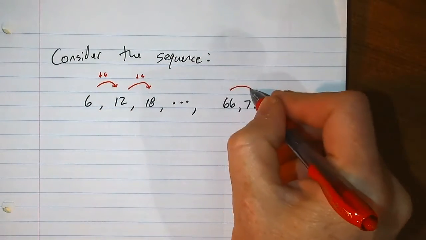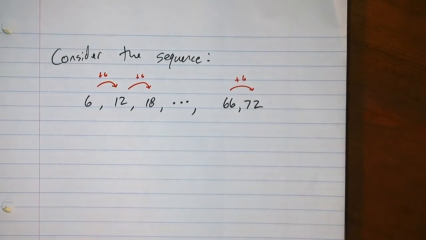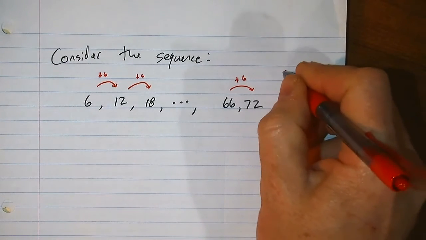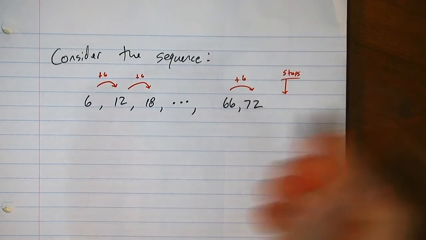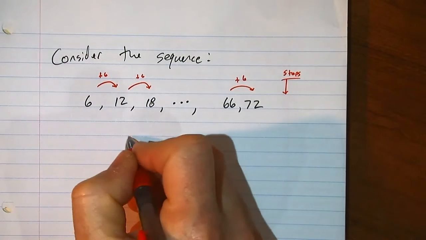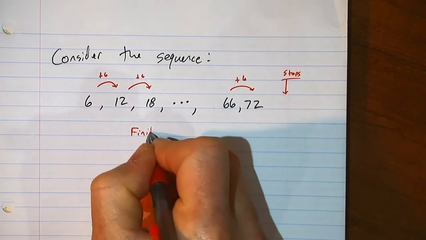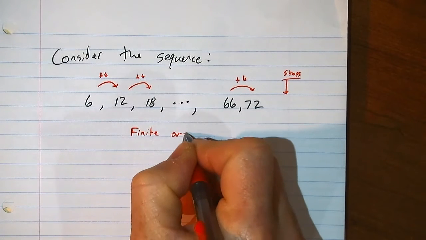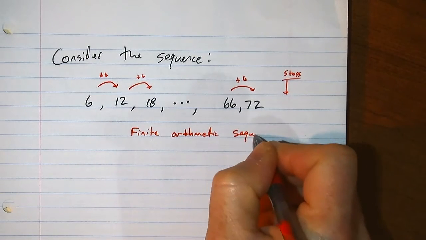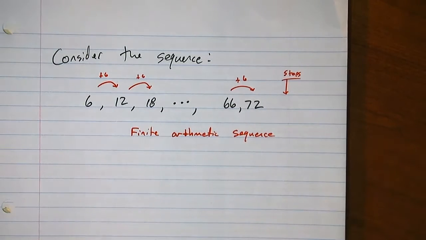And that pattern seems to be consistent. So once I see that it stops, and I see the pattern is adding 6, this is a finite arithmetic sequence. Okay, so that's what we've got from the last video.